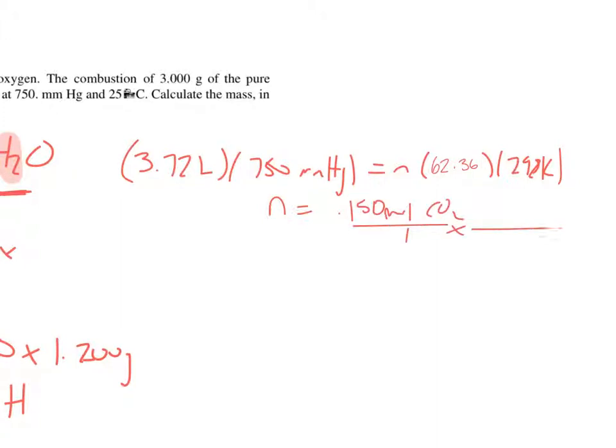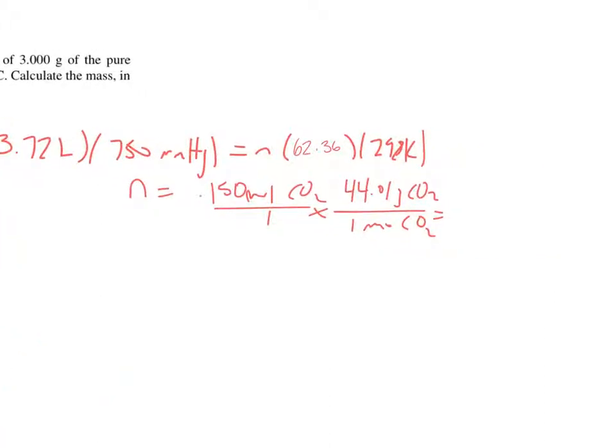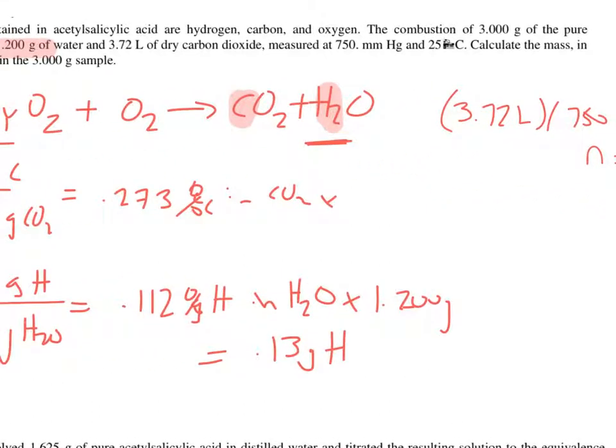And using quick molar mass, 1 mole of CO2 is equal to 44.01 grams of CO2. So then I can quickly calculate that I have 6.00 grams of CO2. So I go back over here and I take the mass percent and multiply by 6.00 grams, and I get 1.80 grams of C.